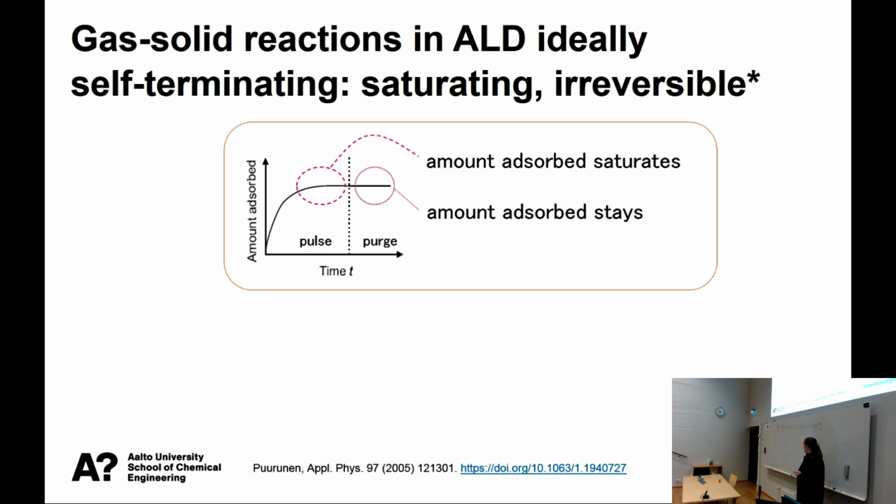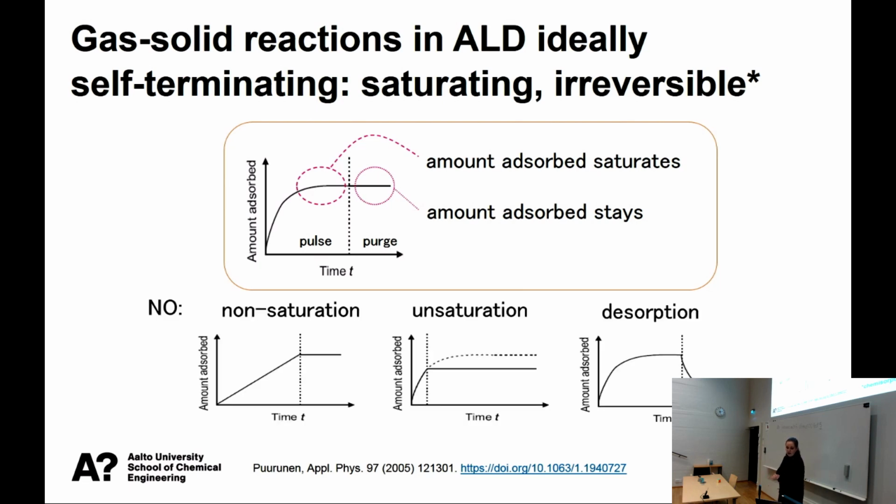So saturating means that once the surface has reacted with as many reactants as it can, then no longer the reaction takes place. And then also when you stop the reaction, when you evacuate or remove the extra reactants, then you still keep that amount on the surface. So that's what is irreversible.